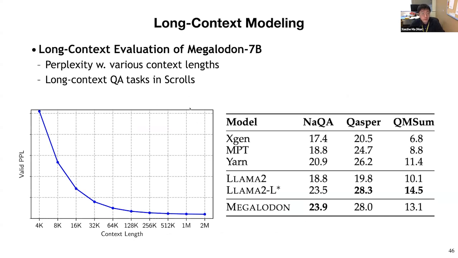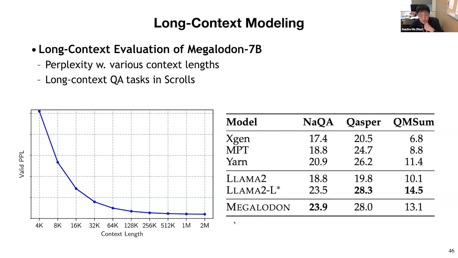And we also did some evaluation on long text to show how well our architecture does on long context modeling. The first is to test the validation perplexity on long context. We see that even when we scale up our context length to 2 million tokens, our validation perplexity is still very stable.